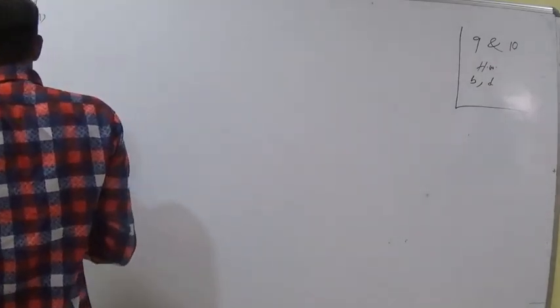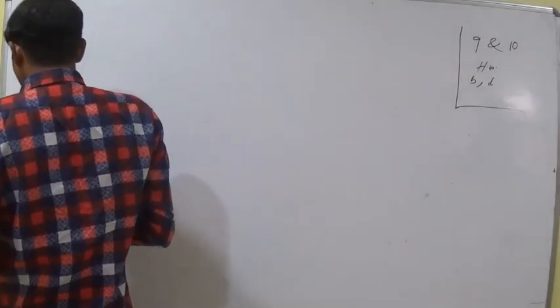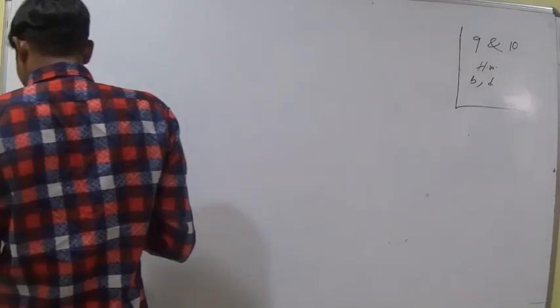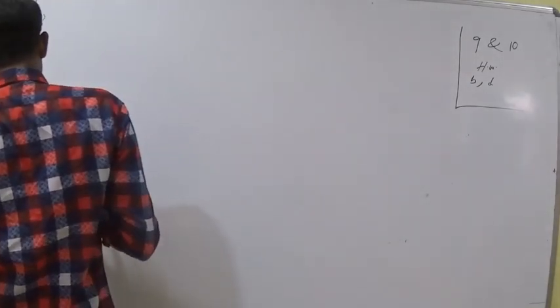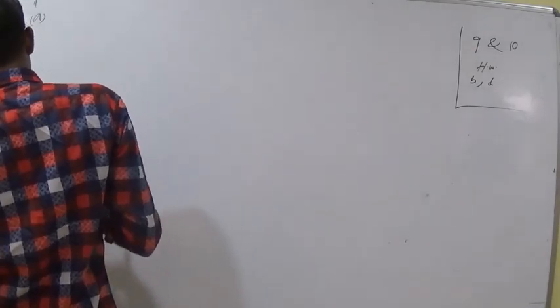The length of the tangent from the point (3, 4) to the circle.